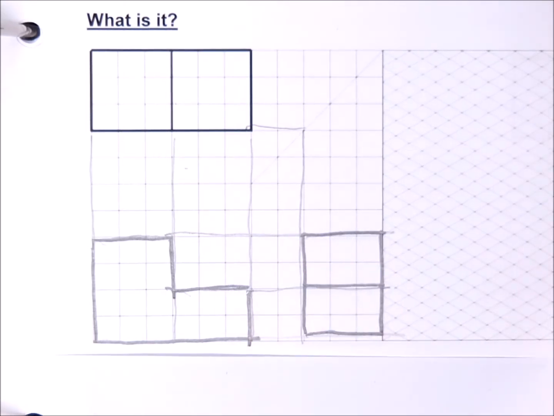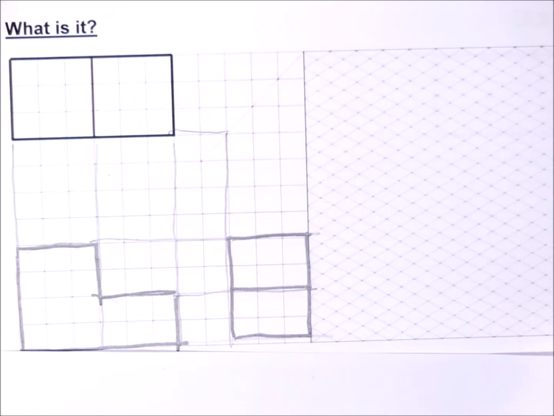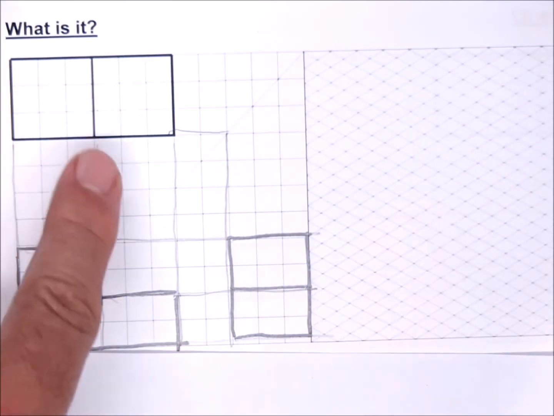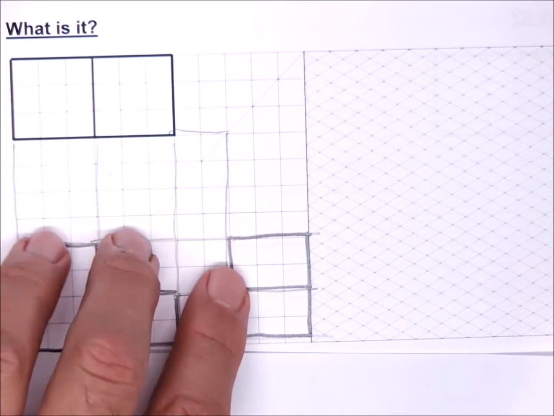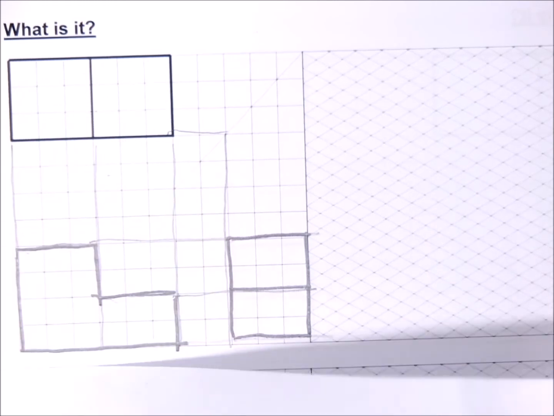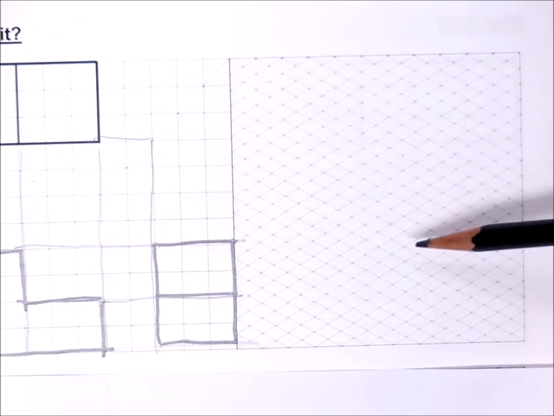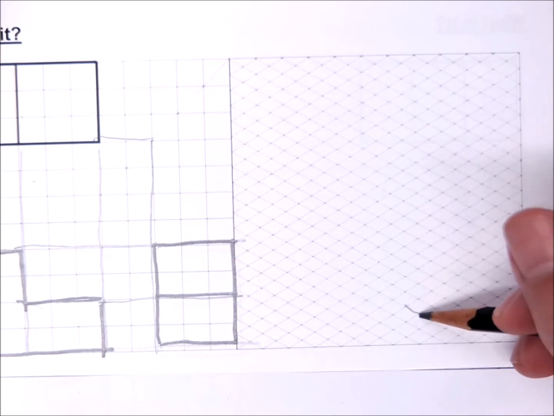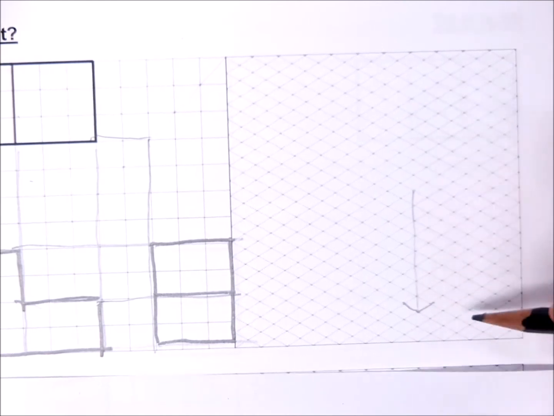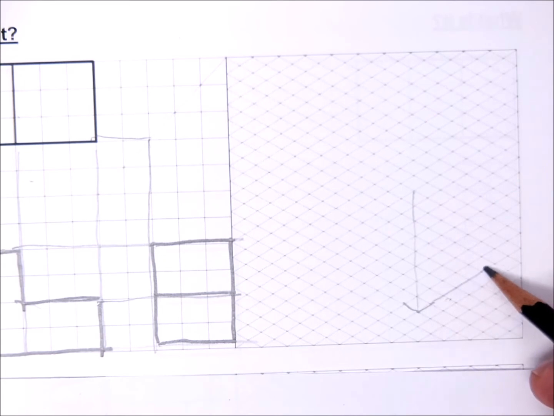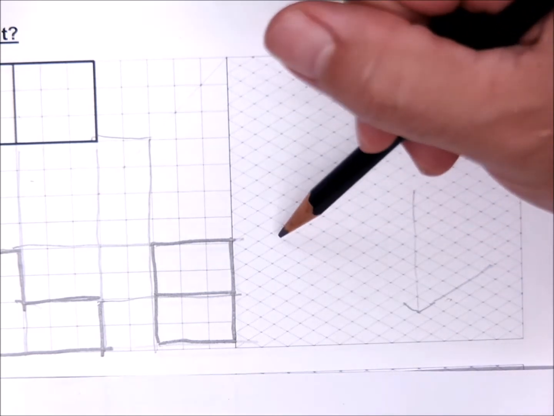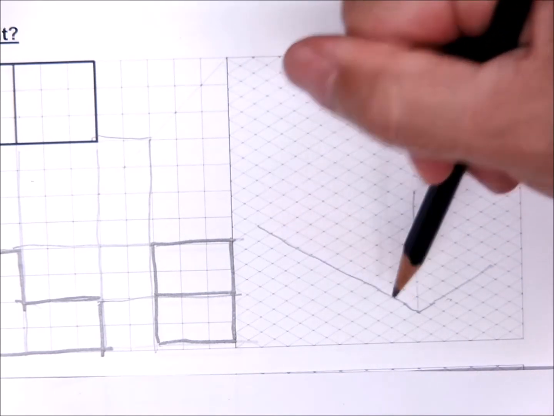I think it looks like an L-shaped block. Is that possible though? Is the line work that I put over here in my multi-view something that's really possible in 3D? Well, let's check it. Height, depth, width.